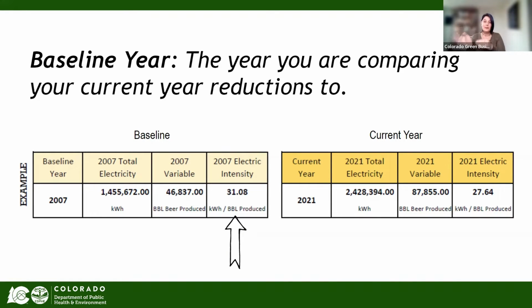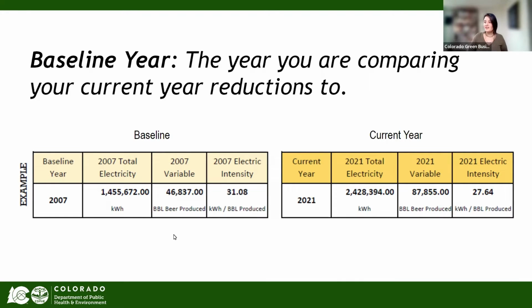So a per barrel of energy use is kind of something that helps tell the story of the conservation efforts that I've put in. I can make my beer production more efficient, even if my energy use goes up a little bit because my production increased. I'm still using less energy per barrel. So that's why the energy use intensity matters.